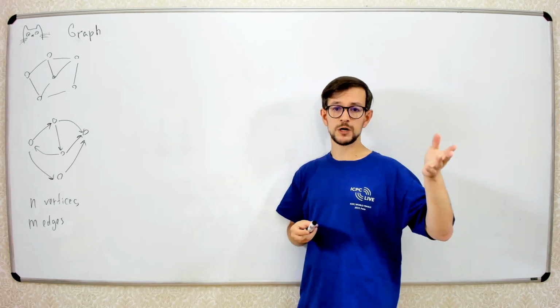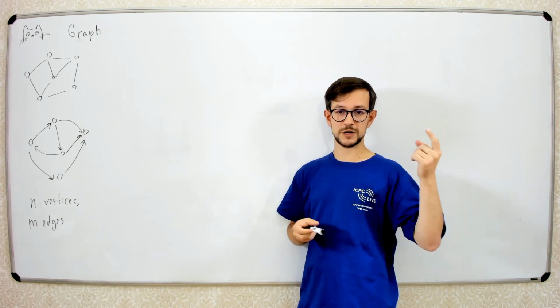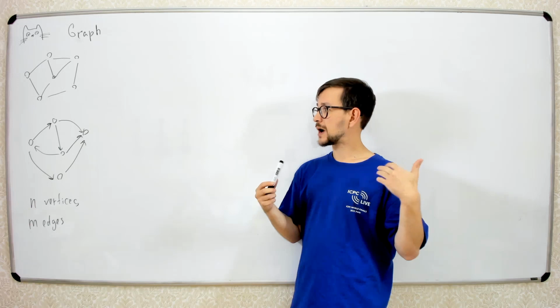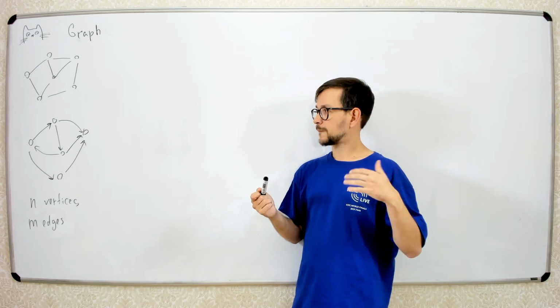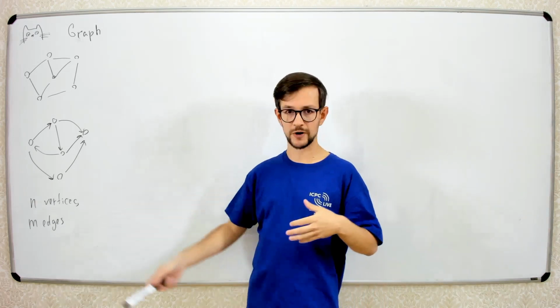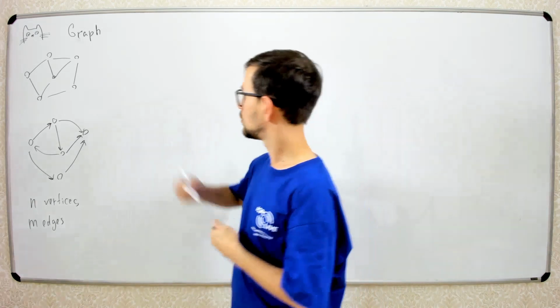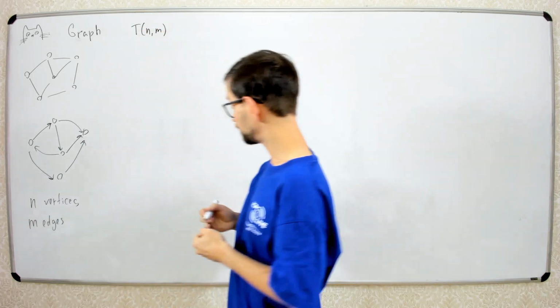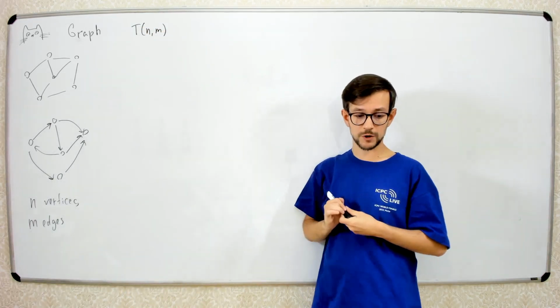Usually in the previous lectures we had only one characteristic, like n, number of elements. Here we have two basic characteristics, and we want to discuss how the time complexity depends on these two variables. So usually time complexity will be a function of two variables. That's usually how it works in graphs.